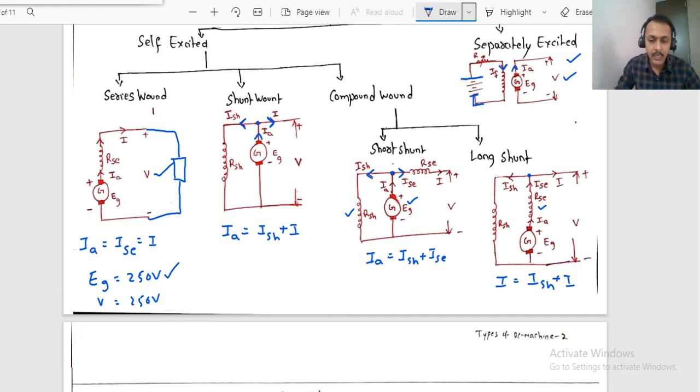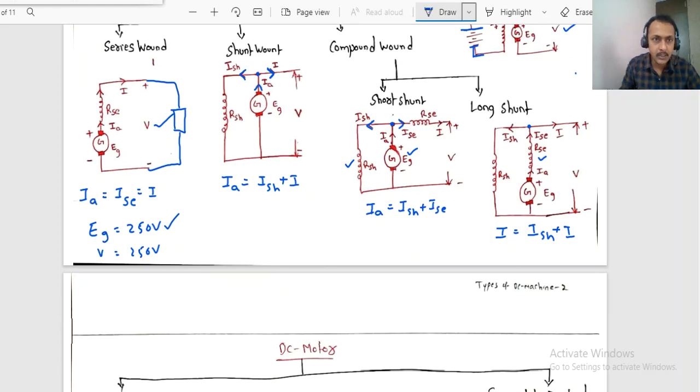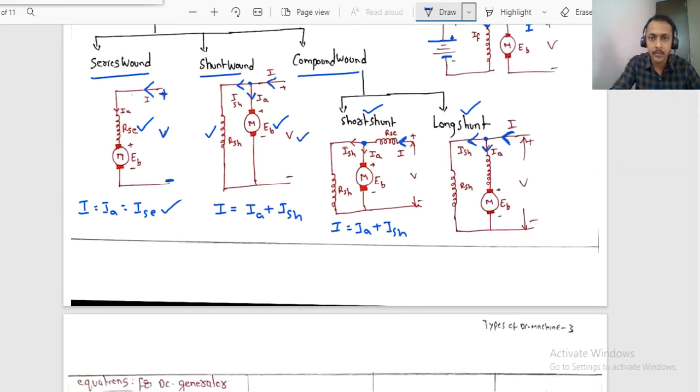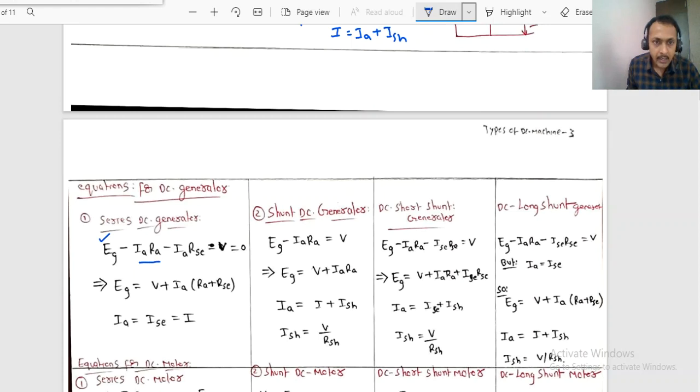Now the remaining part of the voltage only will be available across the load in case of a generator. That means, how do you understand that? For example, EG minus, in the case of series wound, IA RA is the drop in the armature out of the total generated voltage EG. The armature has some resistance RA, and the current flowing in the armature is IA, right?